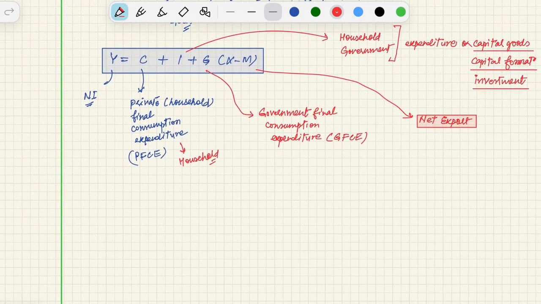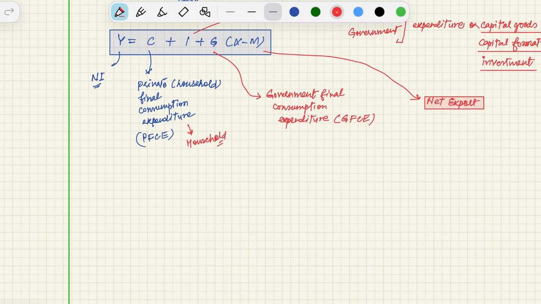Okay, so there are three methods. First one is the income method. Second one is the production method or value added method, and third one is the expenditure method.